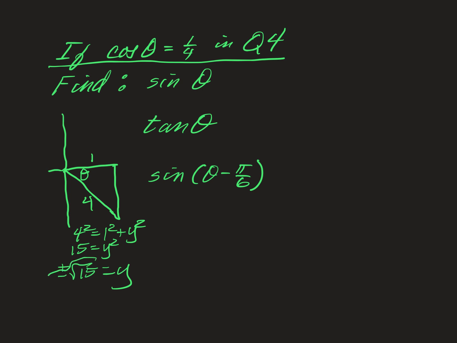But since we're in quadrant 4, the y value will be negative, and we can label that. And now we can do all this stuff, right? What's sine theta going to be? Well, it's going to be the opposite over the hypotenuse. So it's going to be negative square root of 15 over 4. Put that negative out there.